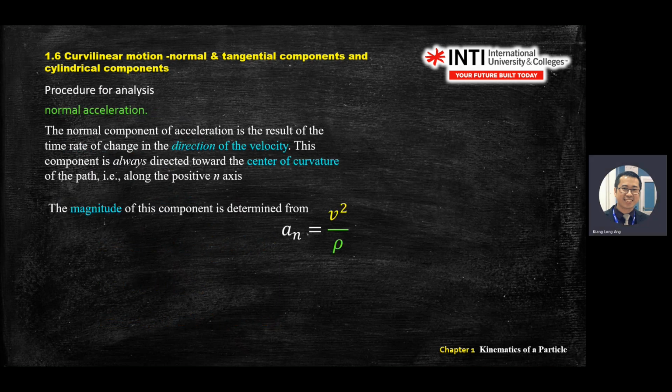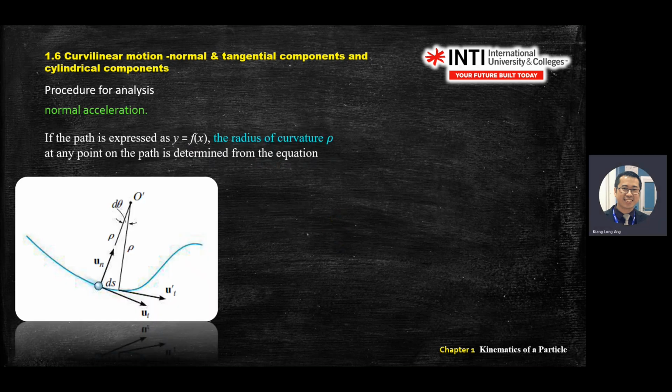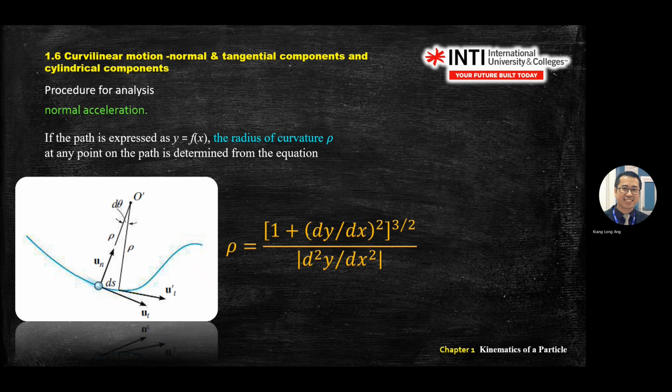And we highlighted just now how to find the normal component of the acceleration, V squared over rho, which I wrote on the screen here. It is a new equation you need to memorize. Then there's one more complex equation you need to memorize to find the curvature radius, this one.